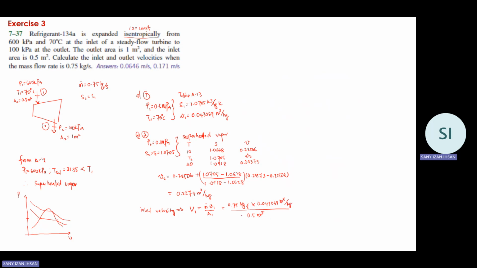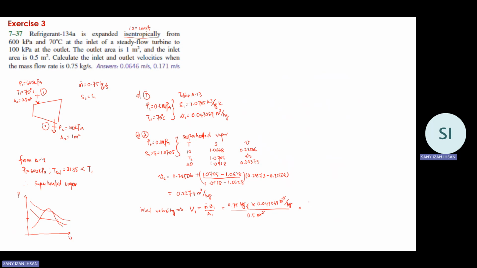Oh, sorry, this one is area, meter squared, not meter cube. Area is meter squared, and this is meter cube, so you will cancel the whole thing of this with only two of these. Kilogram and kilogram will be cancelled, so you will end up with meter per second.